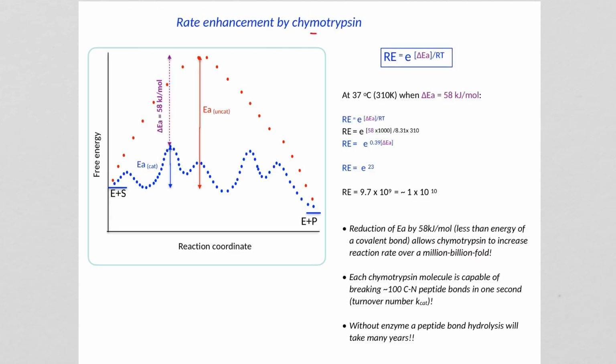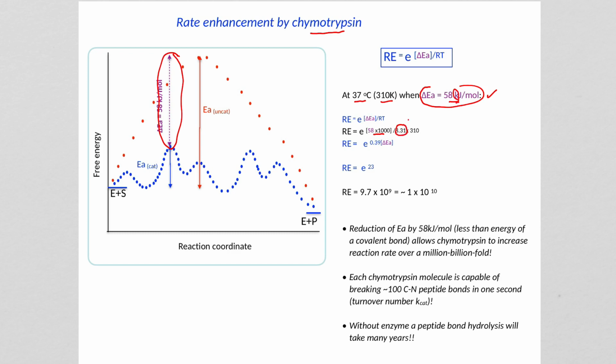In case of chymotrypsin, we can calculate the rate enhancement at 37 Celsius, 310 Kelvins. The delta EA, this difference in energy between uncatalyzed and catalyzed, is about 58 kilojoules per mole. So 58 kilojoules, that will be about 58 times 1,000 because this is kilojoules.